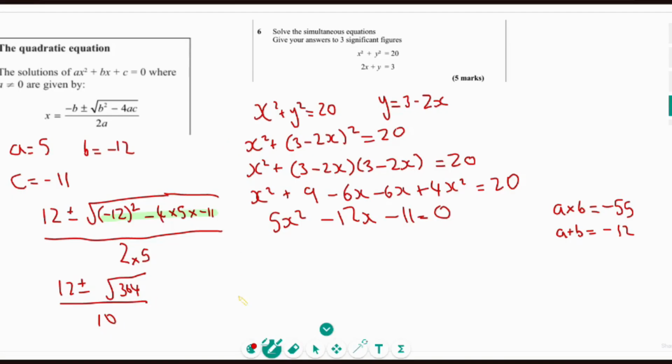So x is 12 plus root 364 over 10, or x is 12 minus square root 364 over 10.